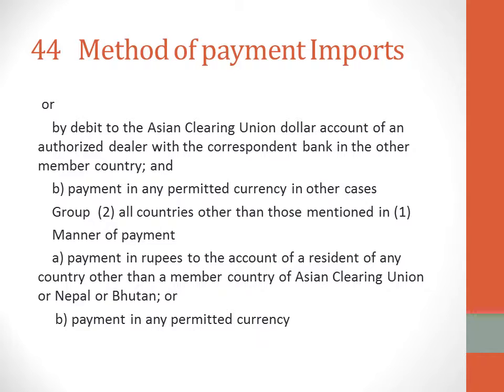In other cases, Group 2, all countries other than those mentioned in 1, manner of payment, payment in rupees to the account of a resident of any country other than a member country of ACU or Nepal or Bhutan, or payment in any permitted currency.